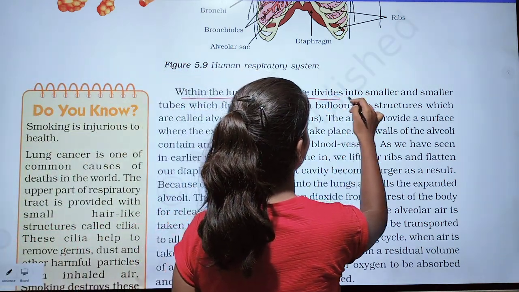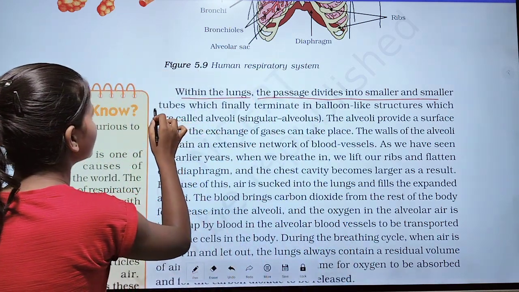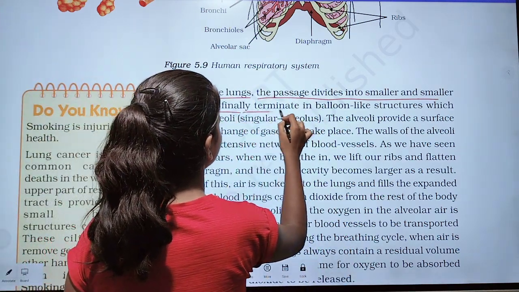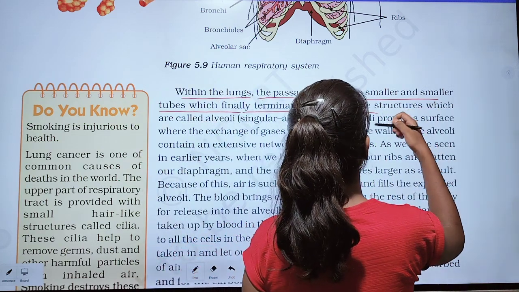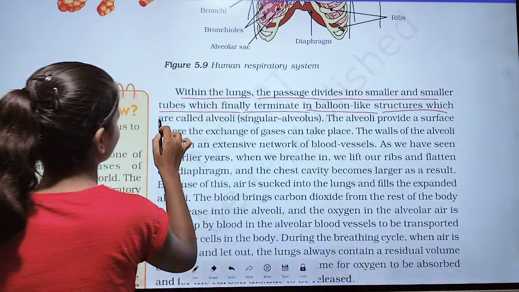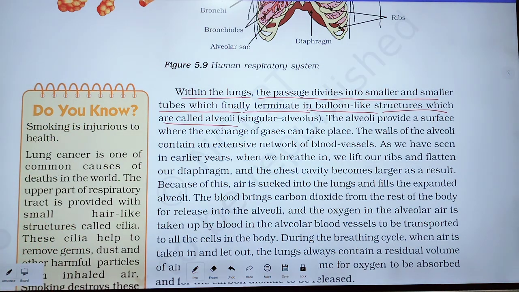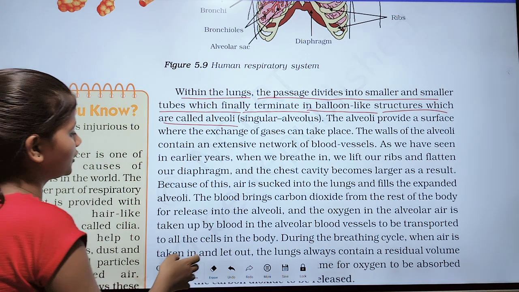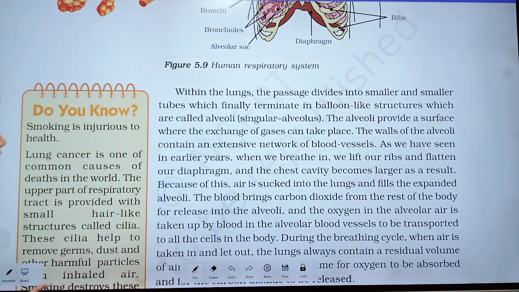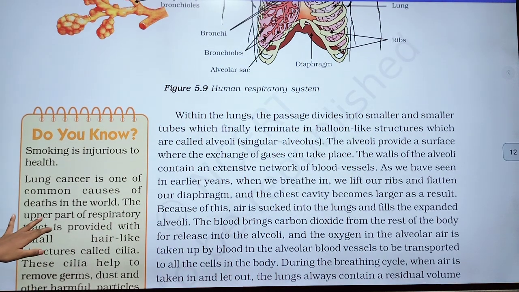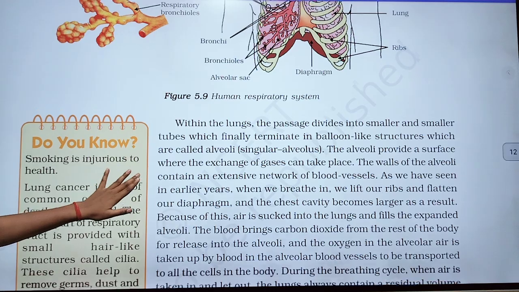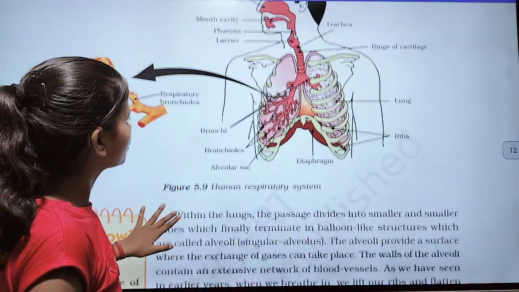Within the lungs, the passage divides into smaller and smaller tubes, which finally terminate in balloon-like structures called alveoli.